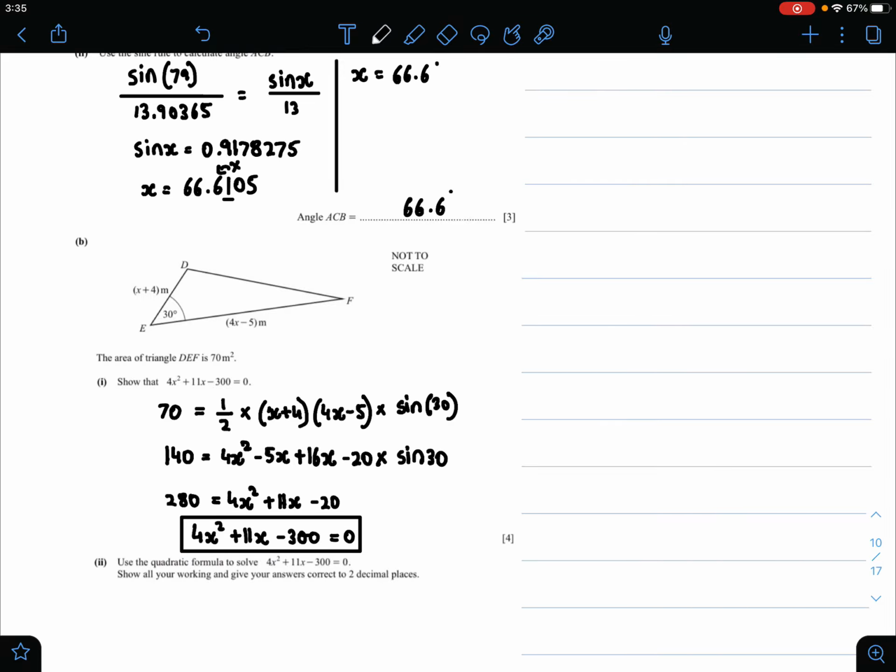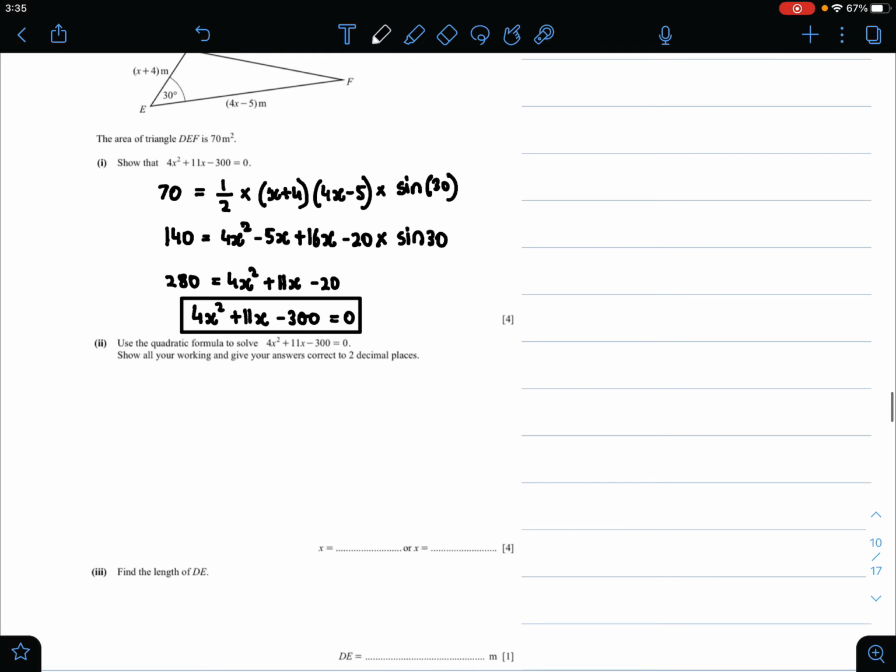Now let's move to part B2, where they are asking us to solve this quadratic equation by using the quadratic formula. The quadratic formula is x is equal to minus b, which is minus 11 in this case, plus or minus root of b squared. So 11 squared is 121, minus 4 times a times c.